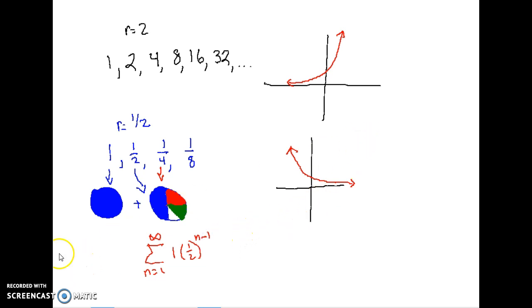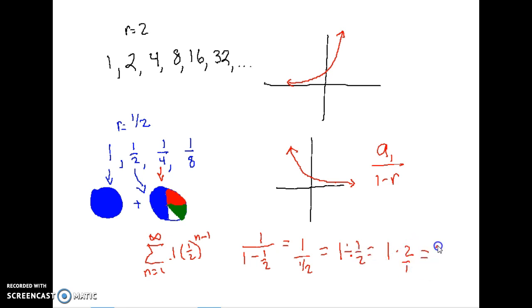So using our formula, a sub 1 all over 1 minus r: my first term, 1, all over 1 minus a half. So this would be 1 over a half. Division is the same as multiplying by the reciprocal. So 1 times 2 over 1. So that means my sum is getting closer and closer to 2.